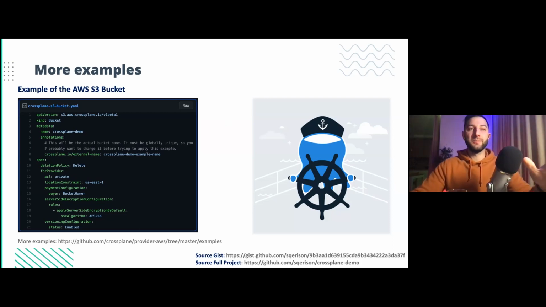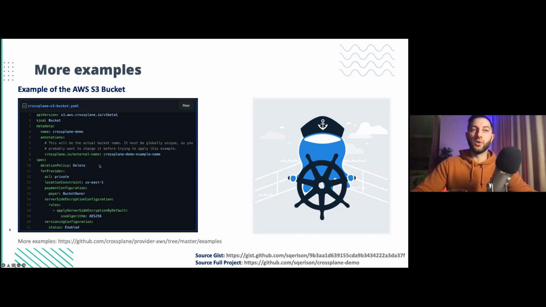Anyway, we can see here just the basic configuration. So by this annotation, we are setting the name for our S3 bucket. Of course, it should be unique because S3 buckets are globally available, and all names should be unique. Each CRD has two things. First, it's a deletion policy. In our case, if you delete this YAML file from Kubernetes, along with this file, the S3 bucket will be deleted.